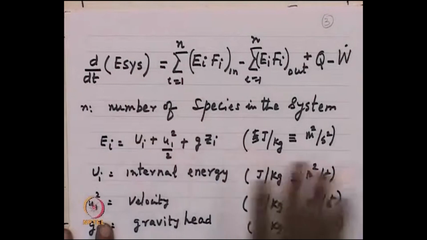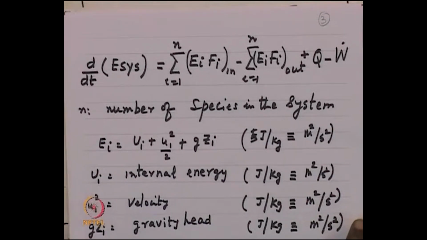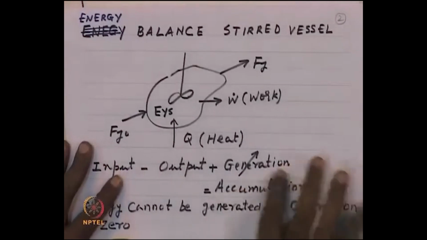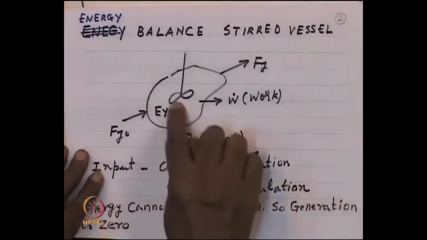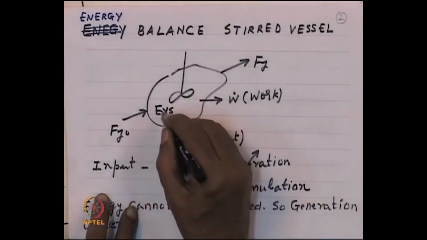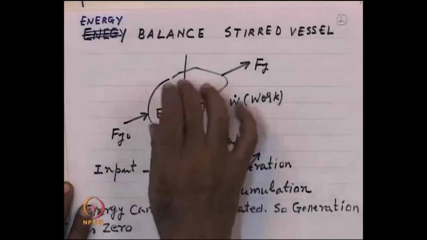So, the left hand side says the rate at which the energy of the system changes with time. That is the accumulation term. As you can see here, this is the term that is written. E system is the energy inside the system. S is missing, I will put the S here. Okay. d by dt of E system is the rate of change of energy inside the system.